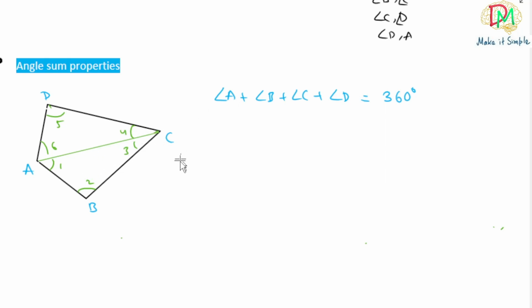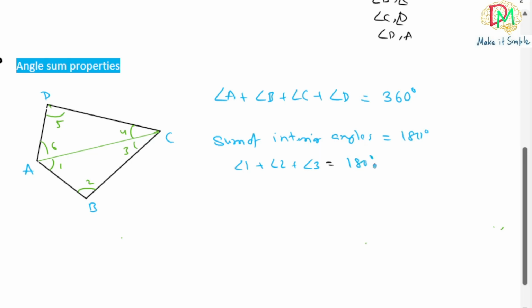So the sum of the interior angles of triangle ABC, from the angle sum property of a triangle, is equal to 180 degrees. And from triangle ACD we get 4, 5 and 6 is equal to 180 degrees.